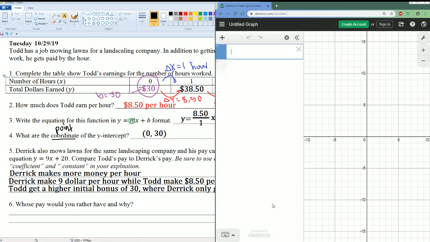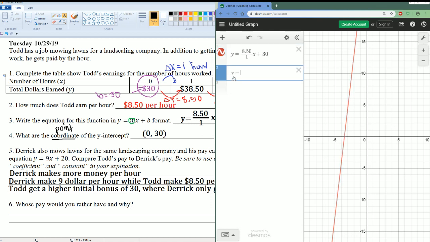Todd is the first one I graph, which is y equals 8.50 divided by 1 times x plus 30. The other one is Derek, which is y equals 9x plus 20.